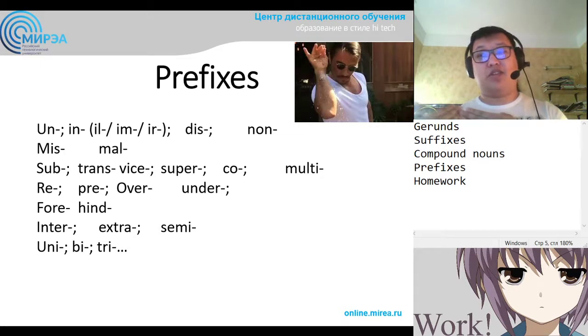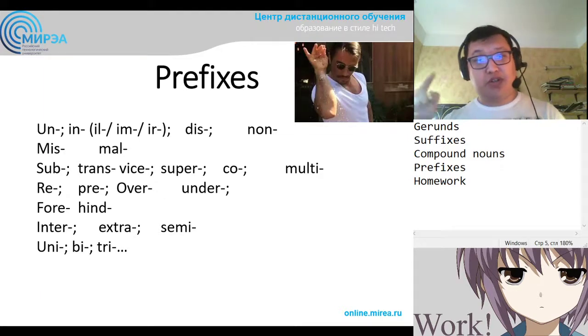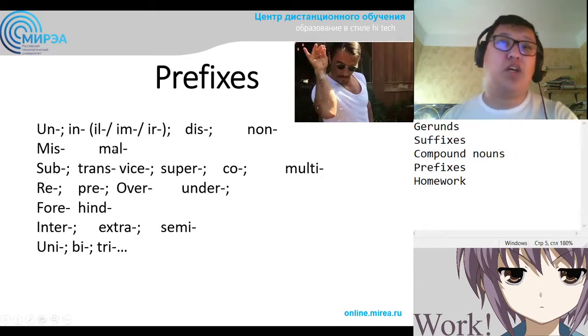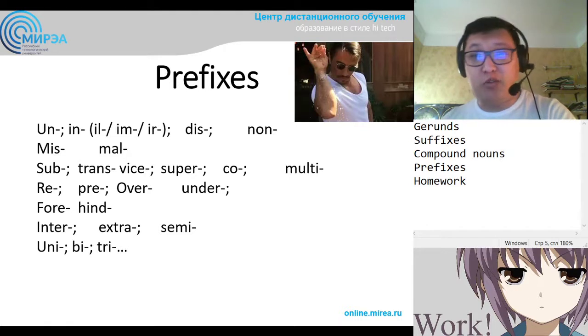Semi means, or semi, you can pronounce it both ways, means half, so there is a semicircle, полукруг, or semi-automatic gun, полуавтоматический пистолет. And we got some prefixes that help us to count things, like wheels on your bicycle.